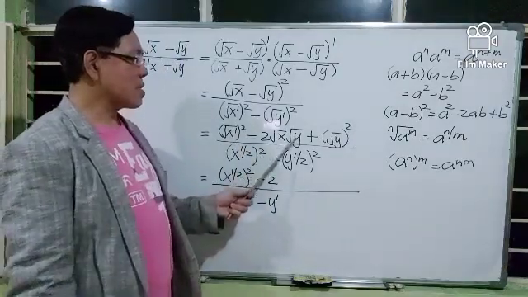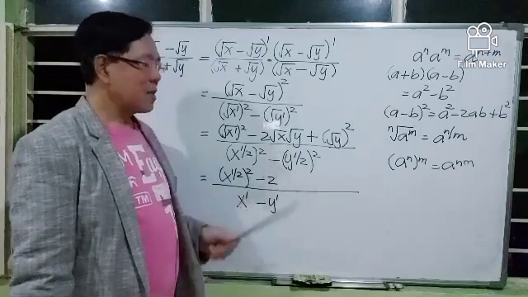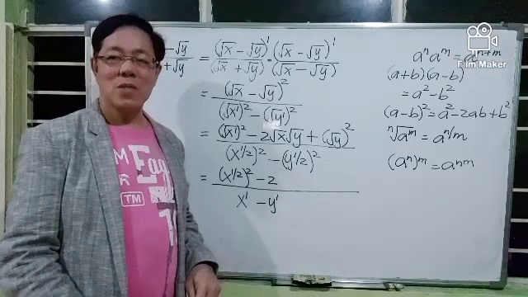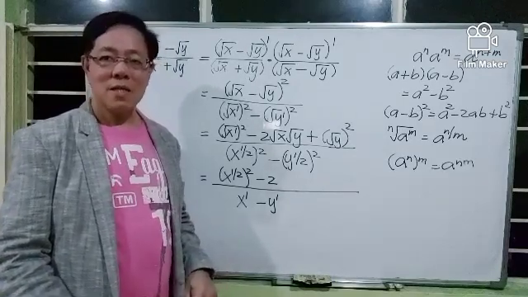Now, square root of x and square root of y have the same index 2. And another property of radical says that if you are multiplying two radicals with the same index, they can be written as a single radical.